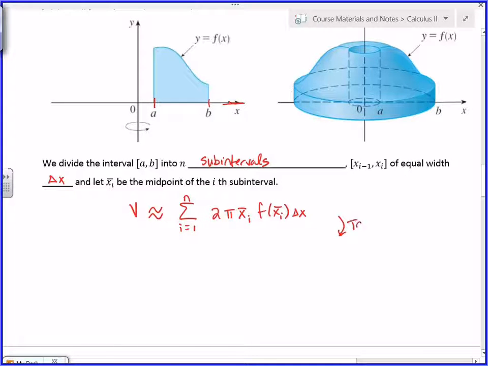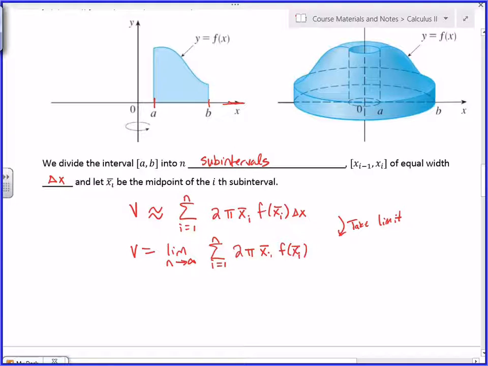And then we take the limit. And so the volume is formally the limit as n goes to infinity of the sum from i equals 1 to n of 2 pi x i bar.